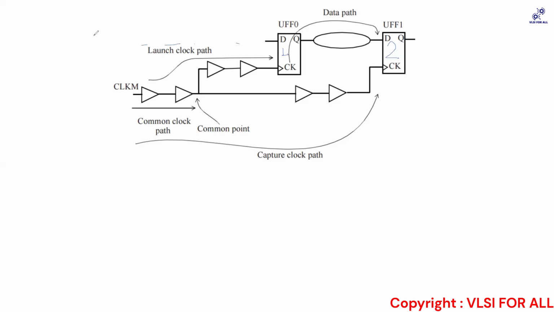Let's assume there was a flip-flop back around here, call it A, and this one flop B. Whenever we deal with a particular path, one flop becomes the launch flop and the other becomes the capture flop. When we analyze the path between flop A and flop 1, the same flop you were considering as launch flop becomes the capture flip-flop, and flop A, which is now launching the data, becomes the launch flip-flop.